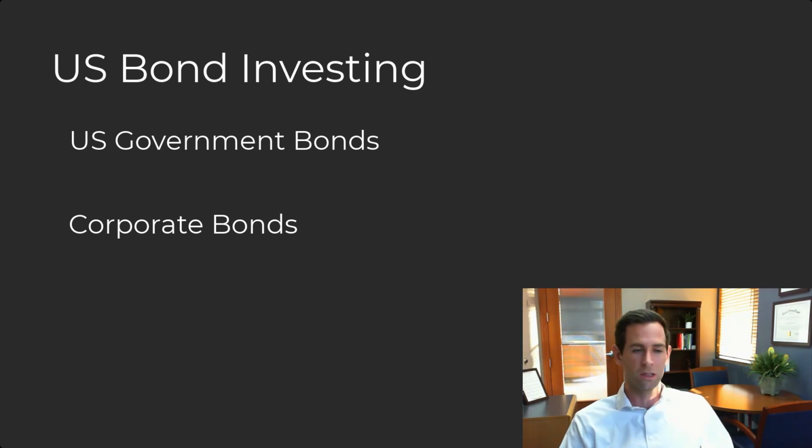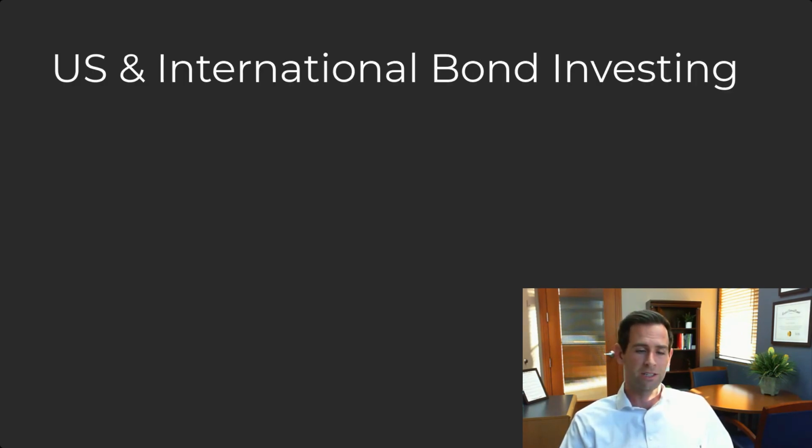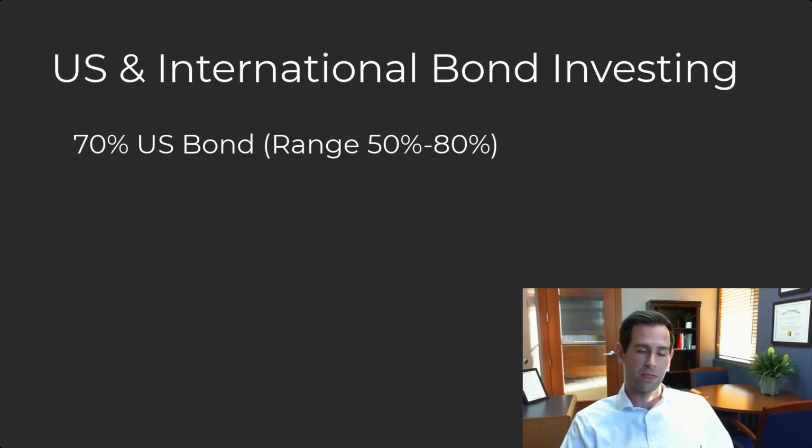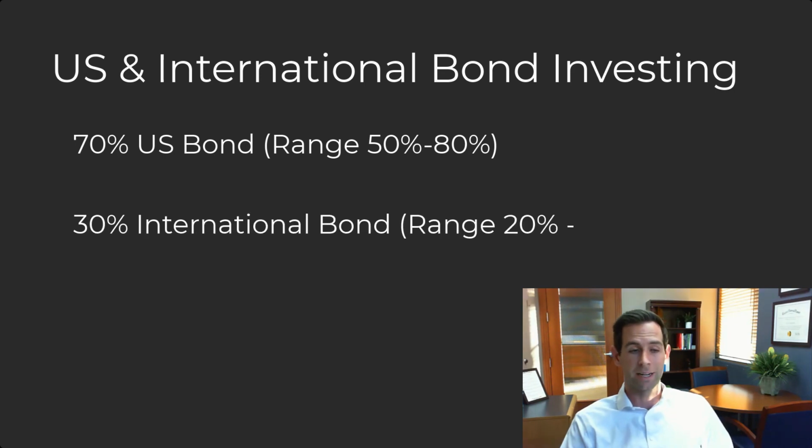They're going to be a little bit more risk and a little bit more reward for a corporate bond compared to a government bond like the US government. And then on the international side, you're going to have international bonds as well. And the typical split that you would have would be a ballpark of about 70% in US bonds and 30% in international. Again, that can vary based on the investor and their risk tolerance, but that's the typical split.